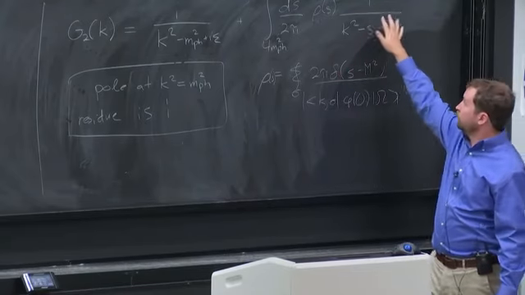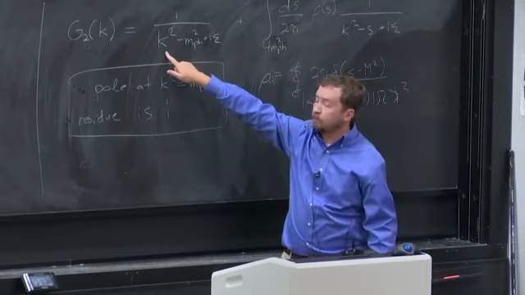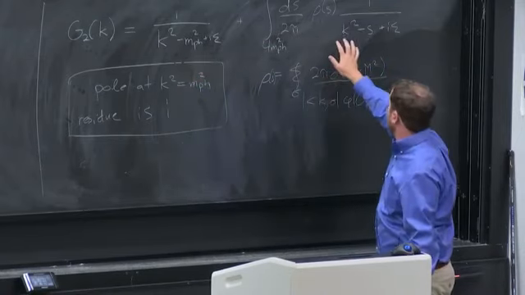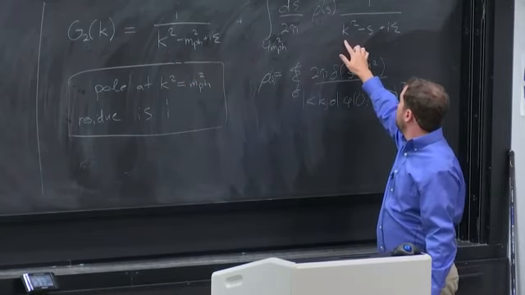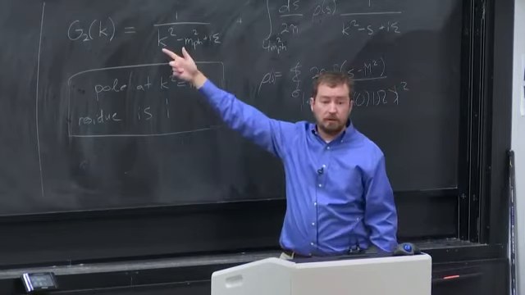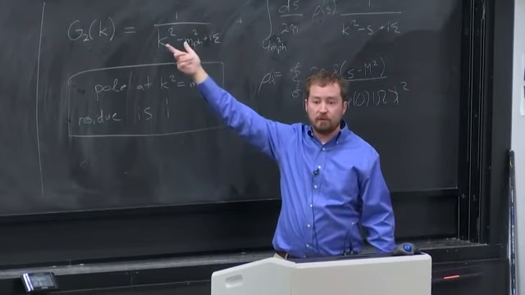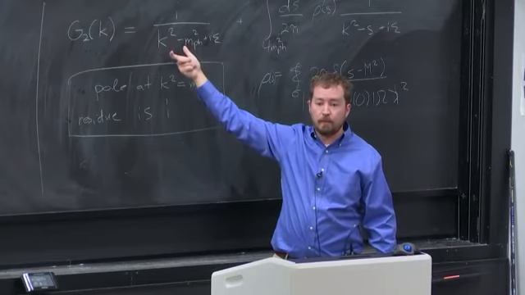So this term is not zero, but it's non-singular. The denominator is never zero in a region near k squared equals m physical squared. So there's an isolated pole here.